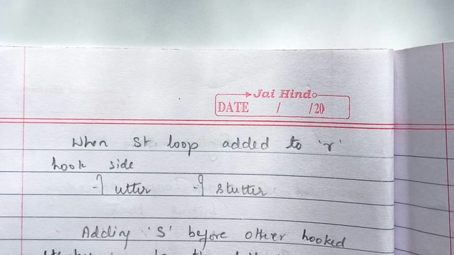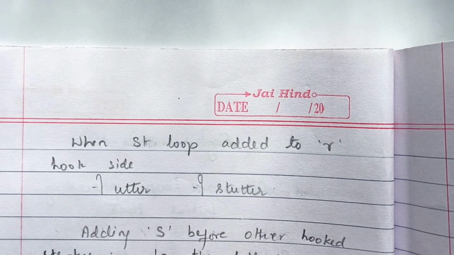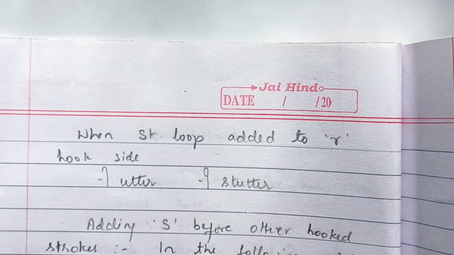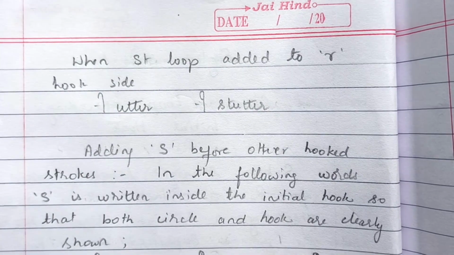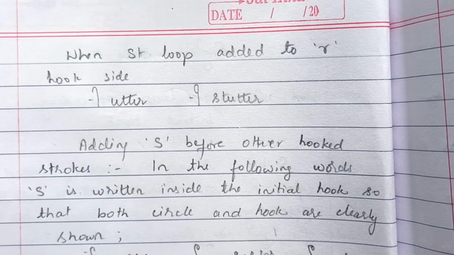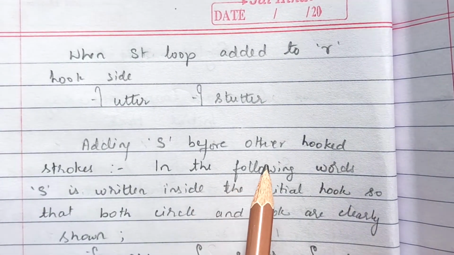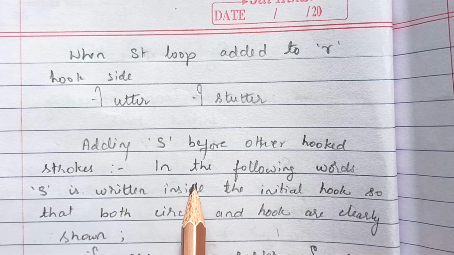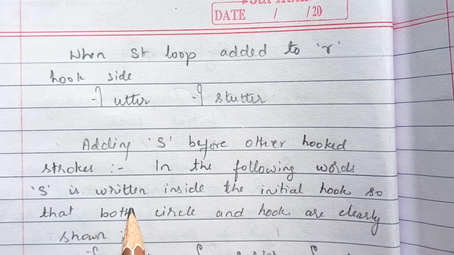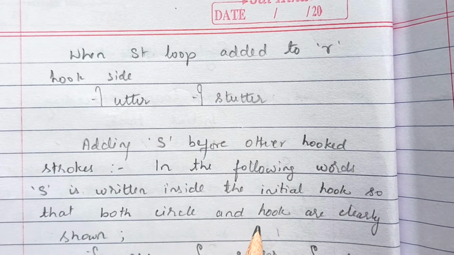Now further we'll see how the hook is added along with the circles for the curved strokes. Adding S before other hooked strokes. In the following words, S is written inside the initial hook so that both the circle and also the hooks are clearly seen or shown.